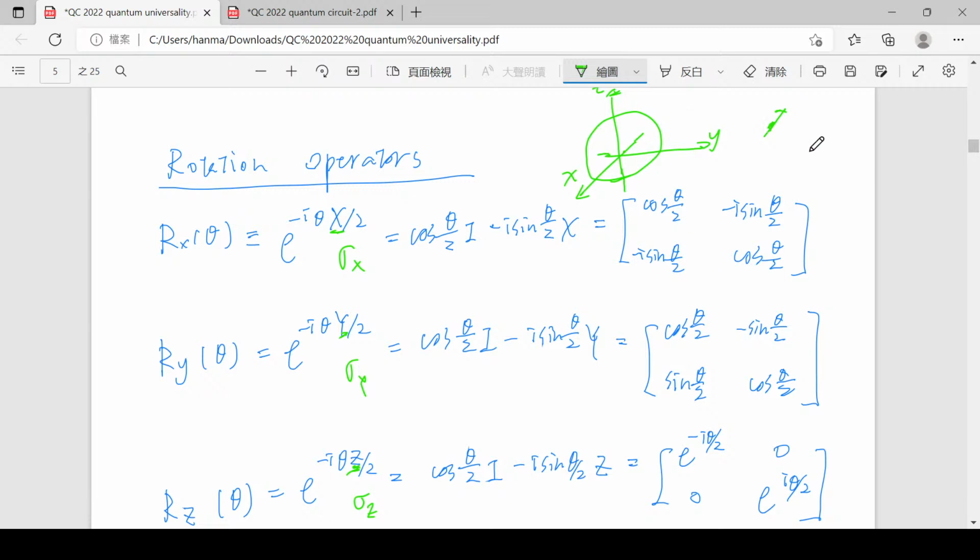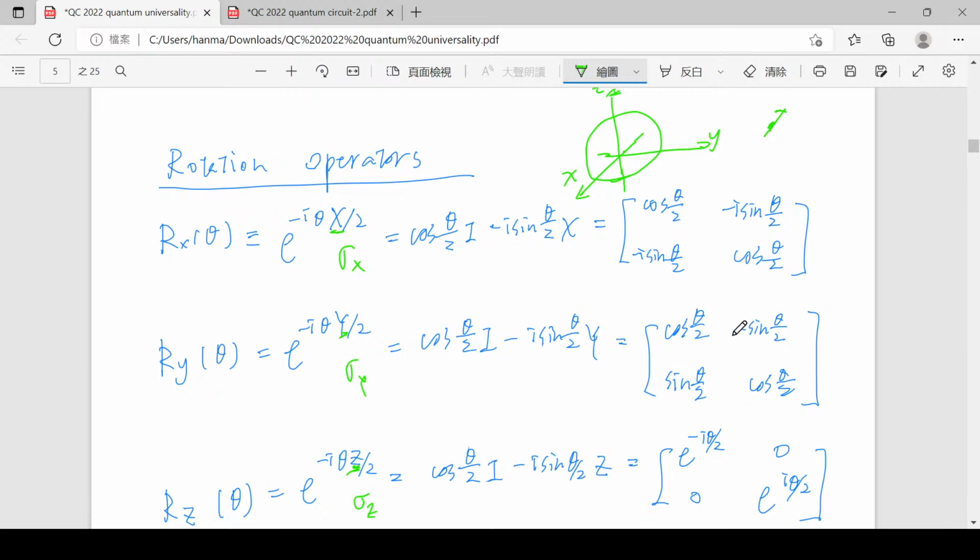And then you can write in matrices. For X and Y, because X and Y are off diagonal, so they're off diagonal here. And for their diagonal, they both have this cosine theta over 2, cosine theta over 2. And see the off diagonal here is minus i. Yeah, because X has 1, 1 here, so it's just minus i here.